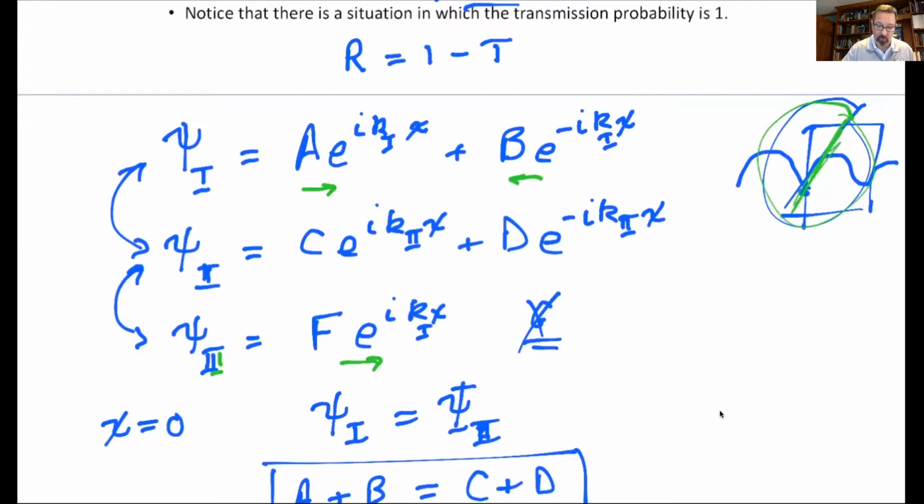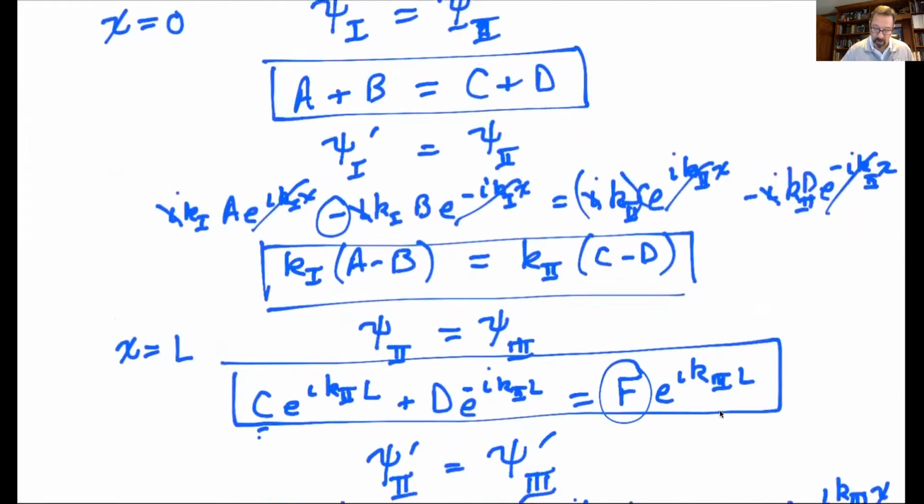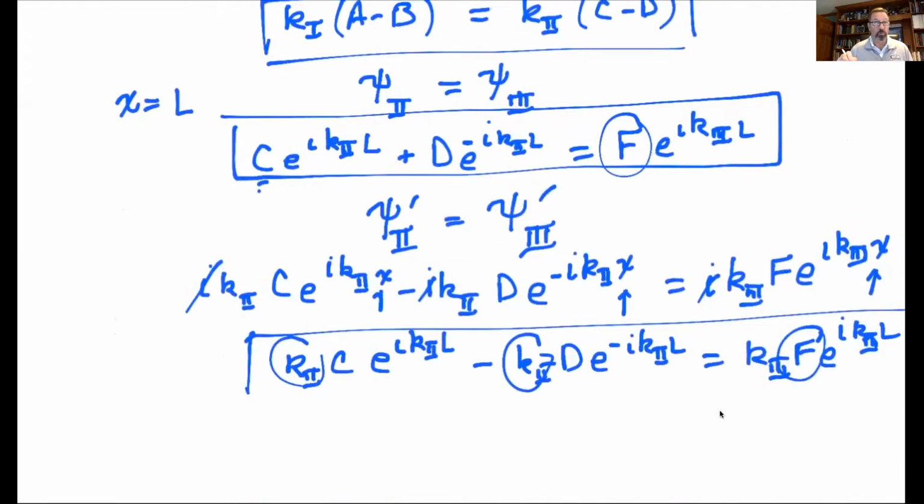And so we looked at those 4 boundary conditions and we arrived at 4 equations, which you can work on to eliminate everything but F and A, because those are the 2 coefficients you need to get a transmission coefficient. You have to manipulate them to eliminate all the variables B, C, and D, and only have F and A left.